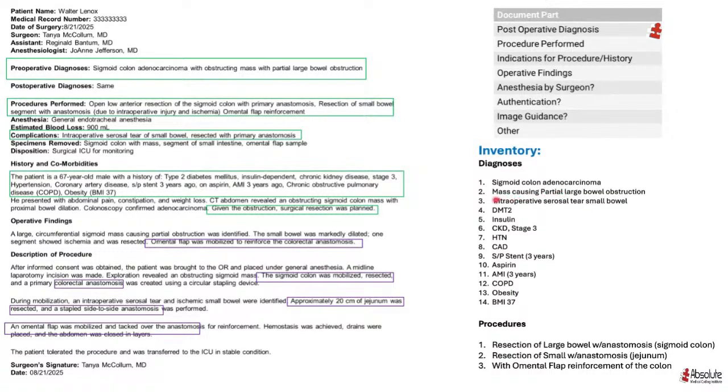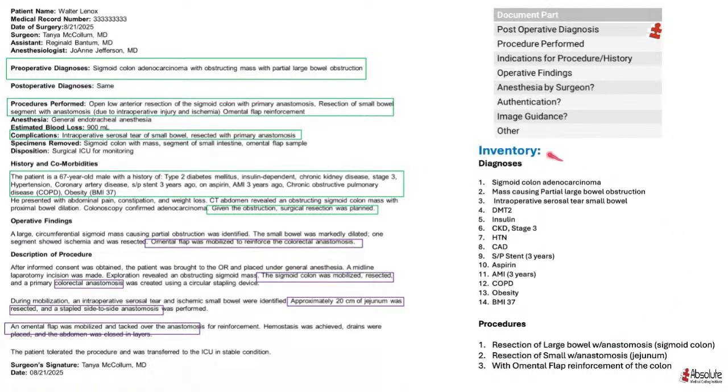So we're not going to bundle it. Yep, exactly. It could have been caused by this. So we're not going to bundle it because this is the reason they planned the surgery. So we're going to code this as well. So this should be a teachable moment as well for you. So number 1, the cancer is your first listed code.